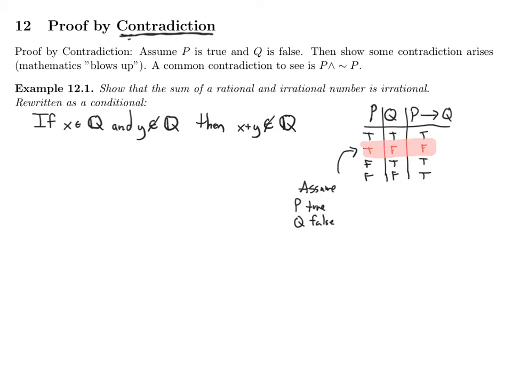So that's a good way of thinking about this sentence as a conditional. If your first number is rational and your second number is irrational, then the sum of them is irrational.